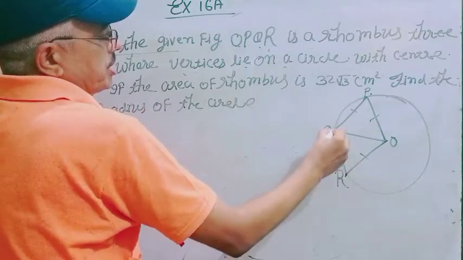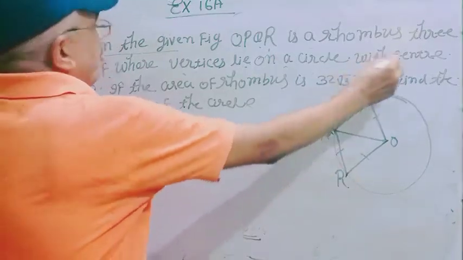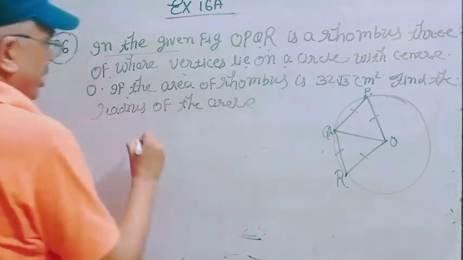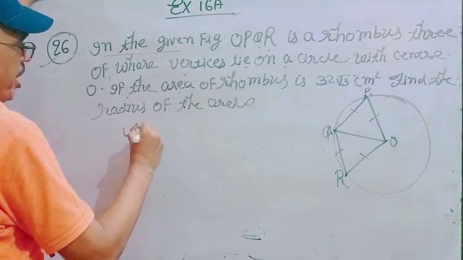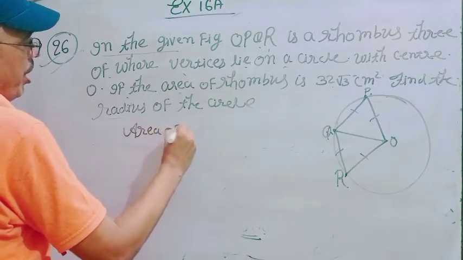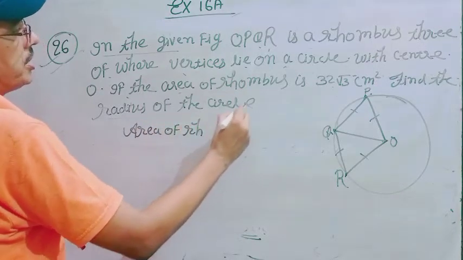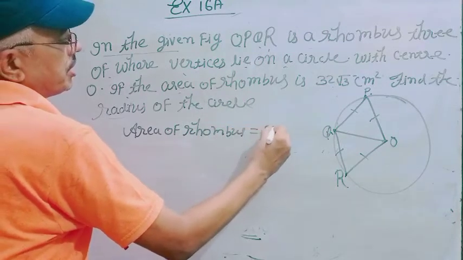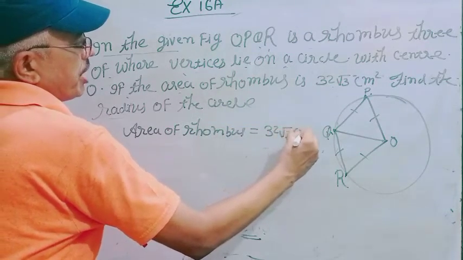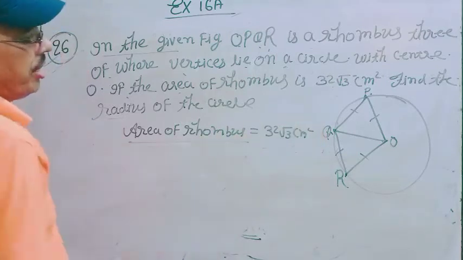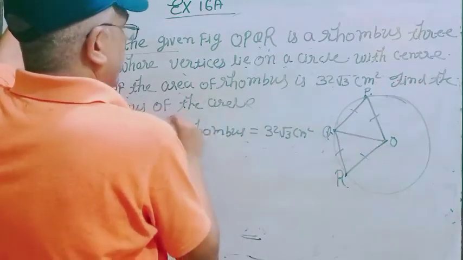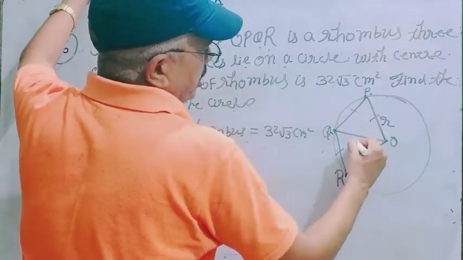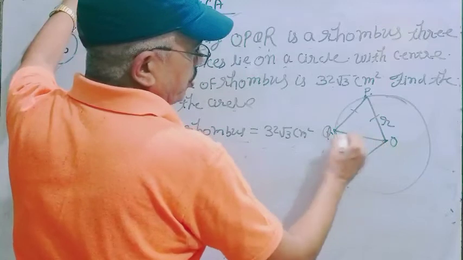P, Q, R, the 3 vertices lie on the circle with center O. If the area of the rhombus is 32 root 3 cm square, find the radius of the circle. Suppose the radius is r, then it is r, and this is also r, because both are radii.